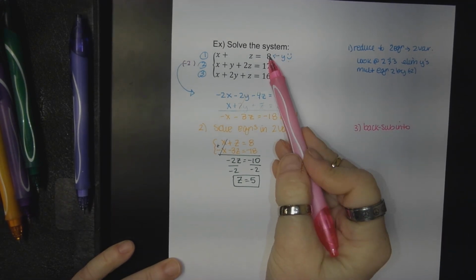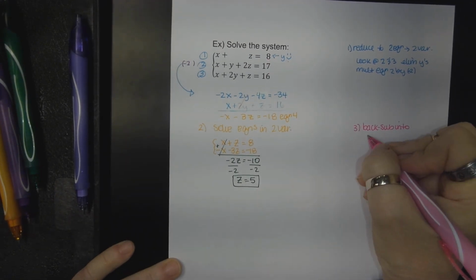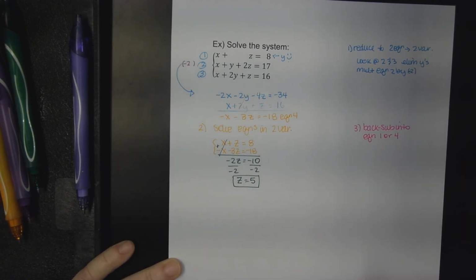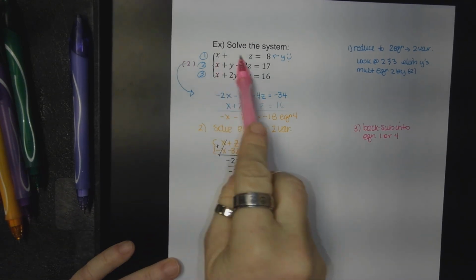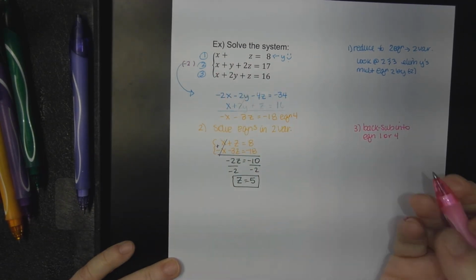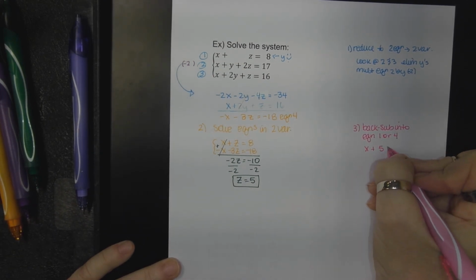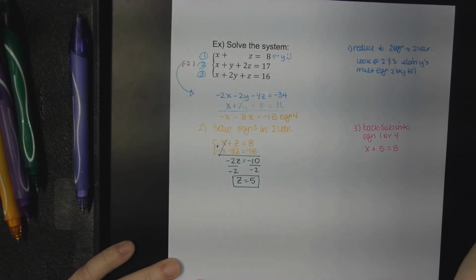And we can plug it into either equation 1 or equation 4. Doesn't really matter, right? I chose 1, so it's going to be x plus 5 equals 8. Pretty simple, yeah?